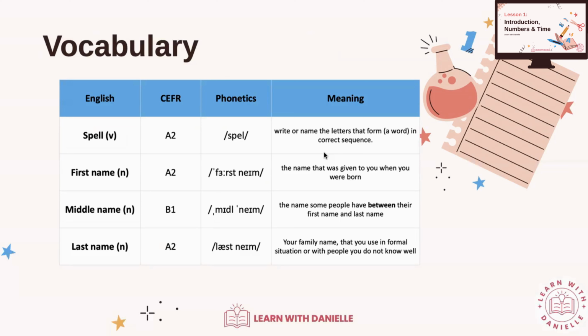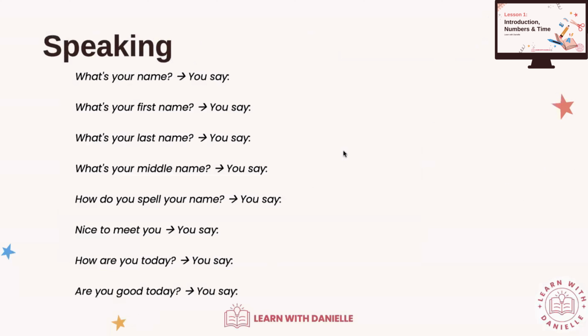Okay, so these are the vocabulary words that I need you to remember. Try to remember them because you'll need them for the next activities. For the next activity, it is your turn to practice. Let's go through some simple questions and answers about names. I'll ask the questions first, and then I will give you time to answer out loud. So are you ready? Let's go. My first question is, what's your name?